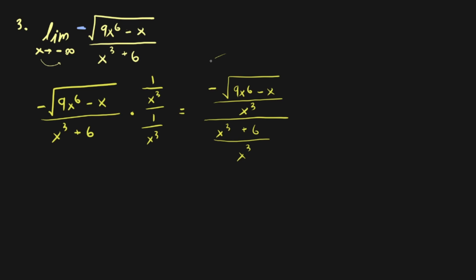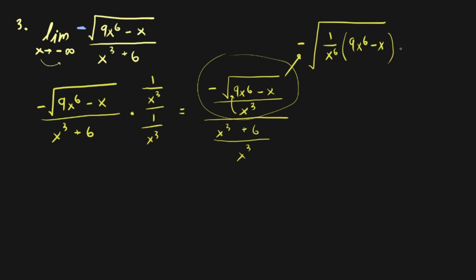Again, we have to rewrite the numerator because we can't just distribute the square root to the 9x to the 6th and x, so we have to put the x cubed inside here. So this can be rewritten as negative square root of x cubed. If we want to put it inside here, we have to make it 1 over x to the 6th multiplied by 9x to the 6th minus x.